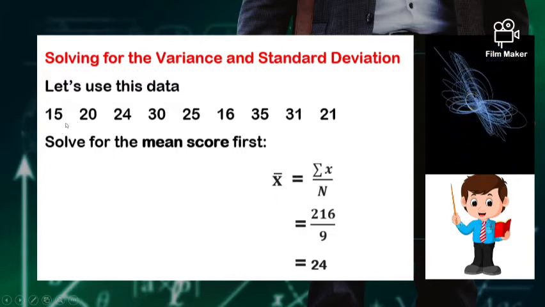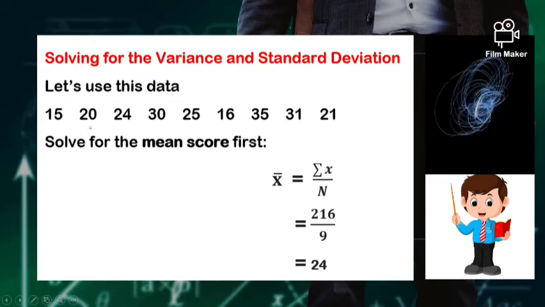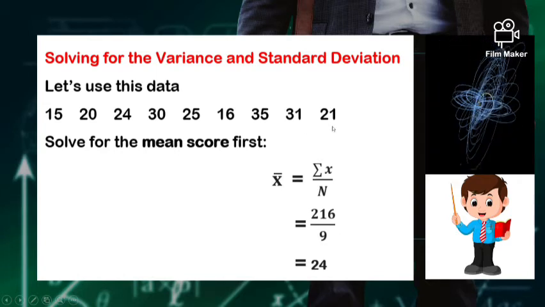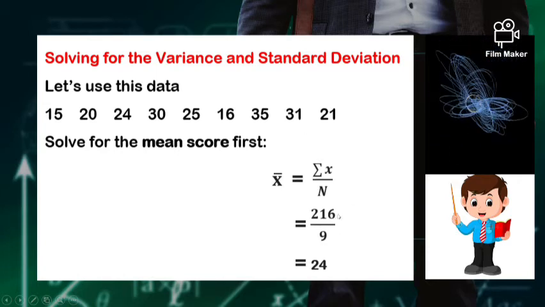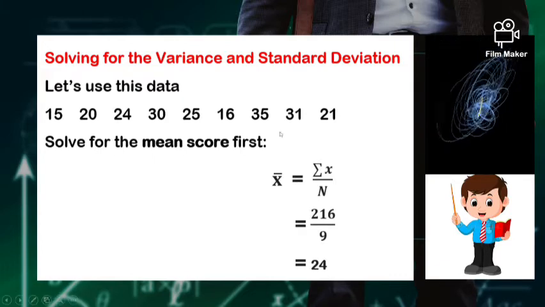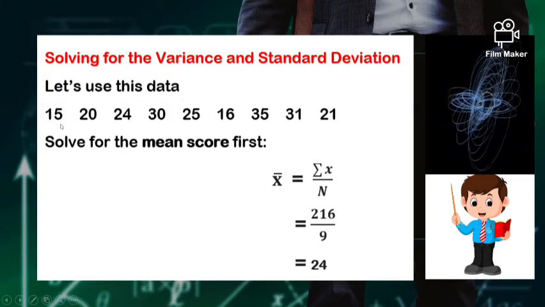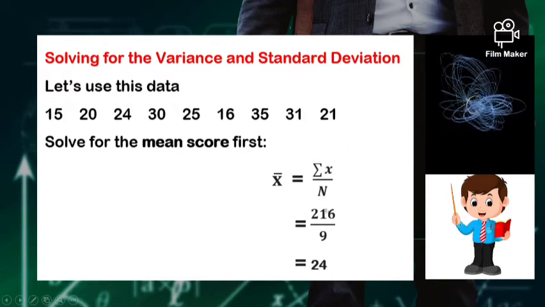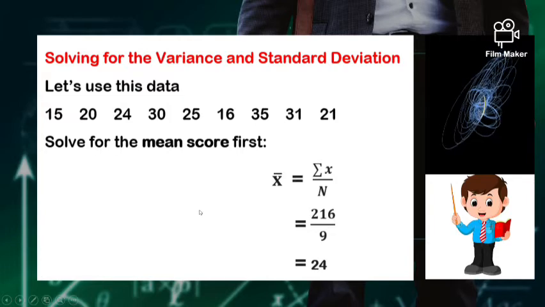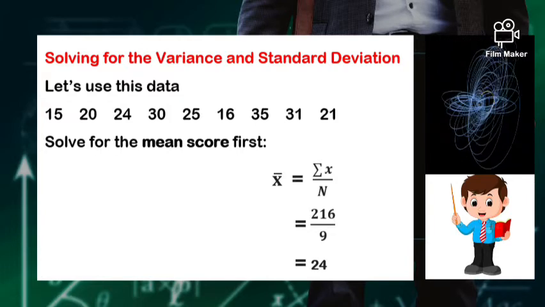If you sum up these scores, 15, 20, 24, 30, 25, 16, 35, 31, 21, it's equal to 216. Therefore the sum of x is 216, where n is 9, because there are 9 scores here. So 216 divided by 9 is 24. Take note, your mean score is 24, your average score.